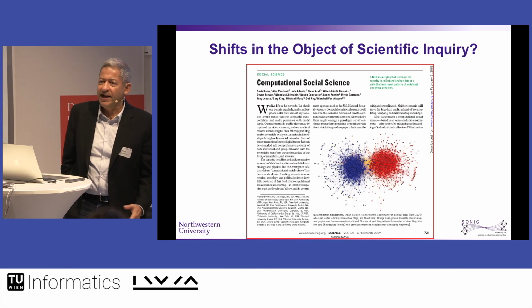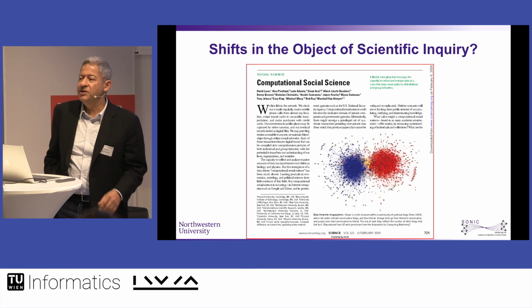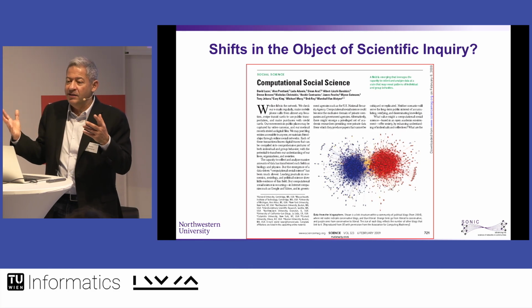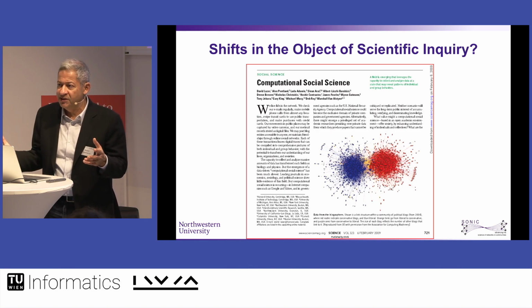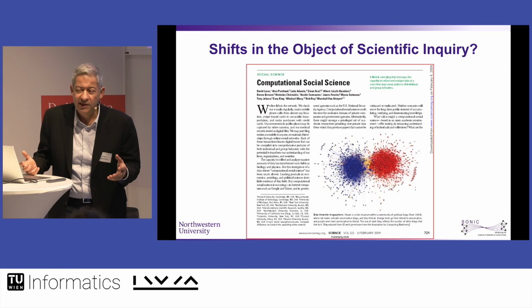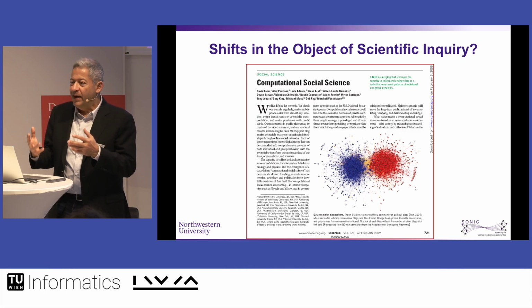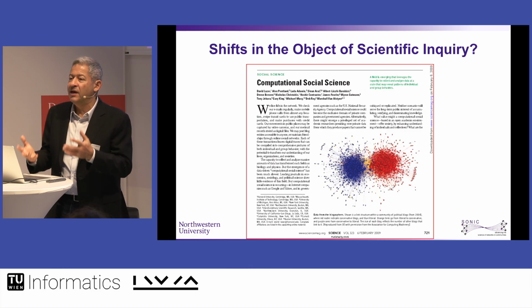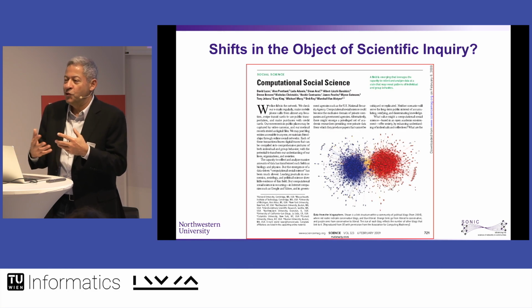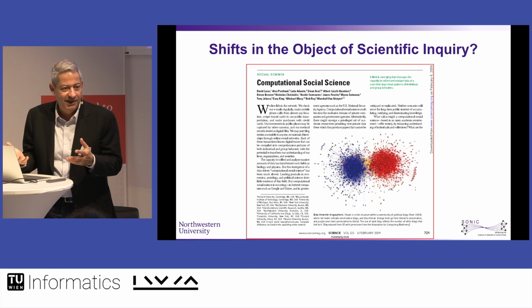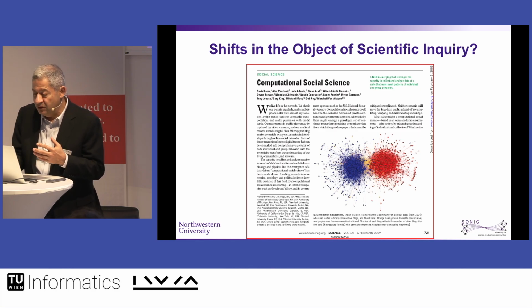Our argument there was actually quite simple: because of the web, we now had the opportunity of instrumenting a lot of our social interactions in ways that we were never able to do before. As a result, the web was both a way of studying social systems, but also a way of studying how social systems are impacted by the web.